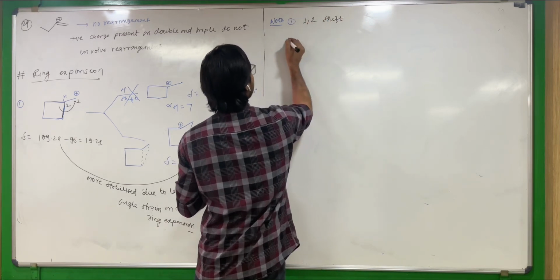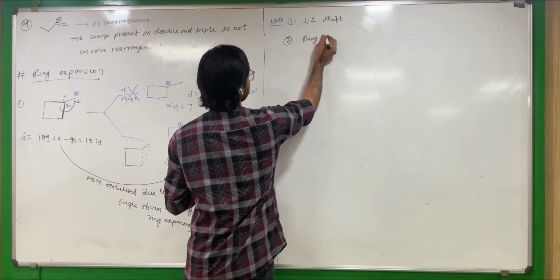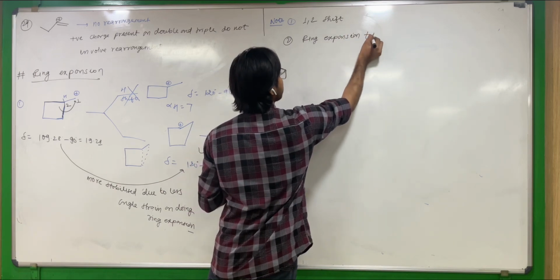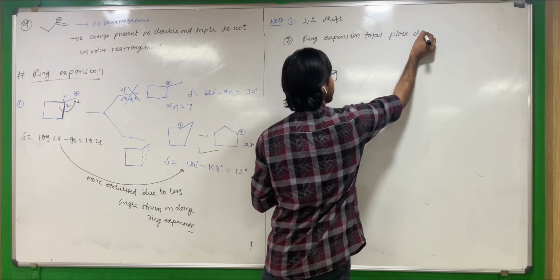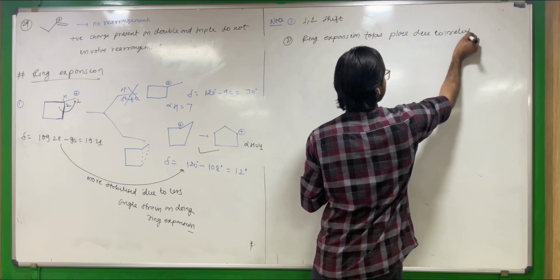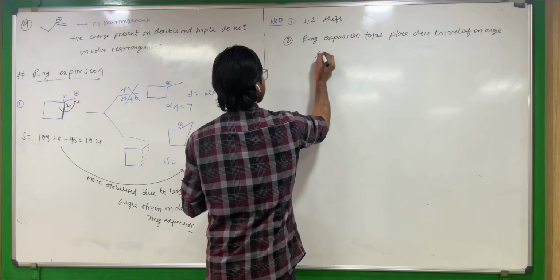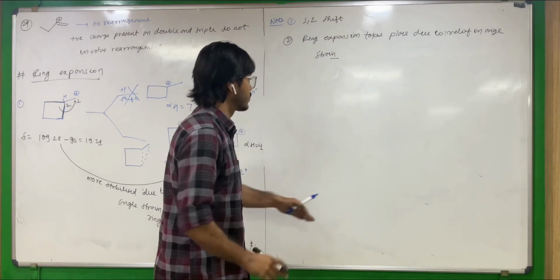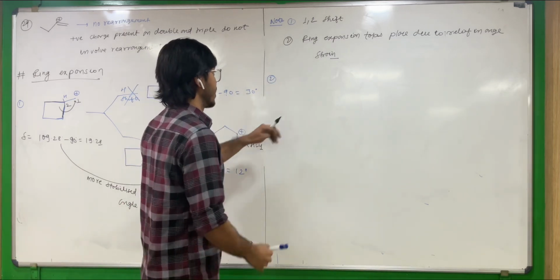And second, ring expansion takes place due to relief in angle strain. Now I am giving some examples to tell whether ring expansion will take place in this case or not.